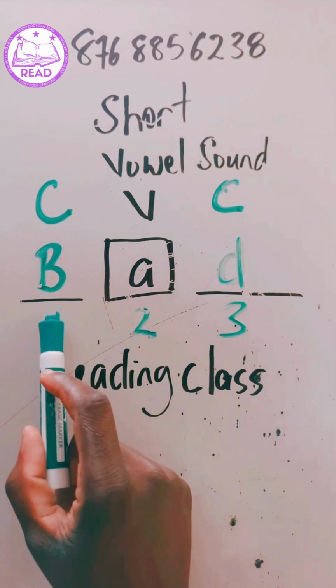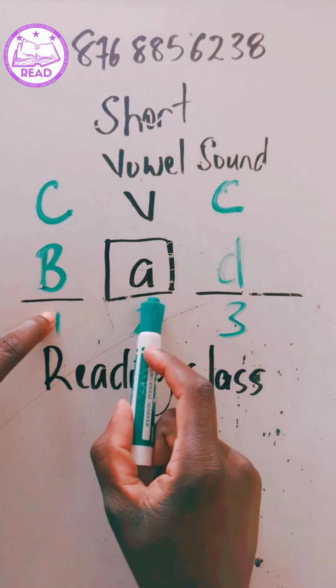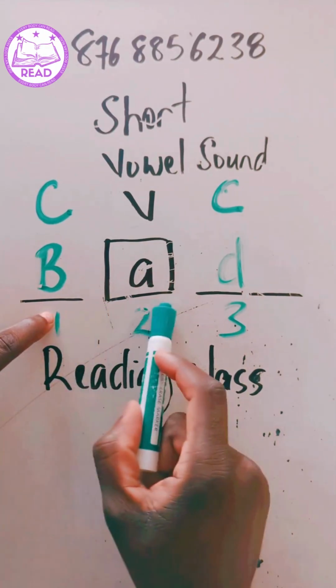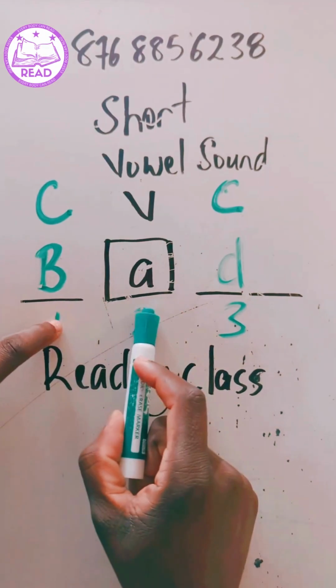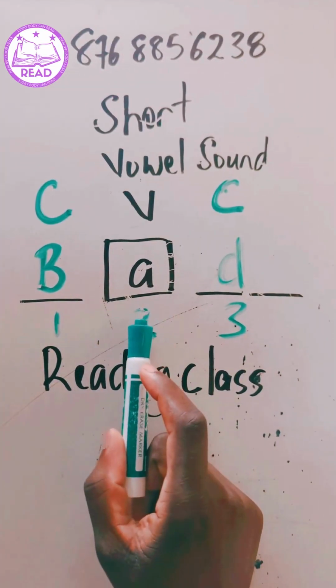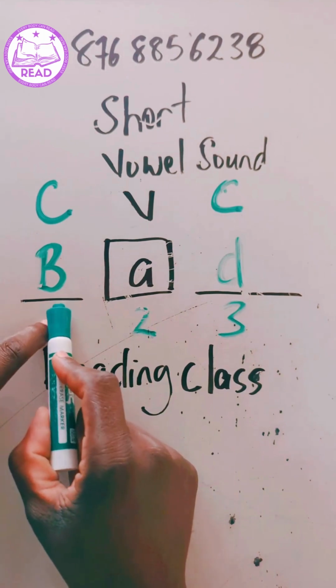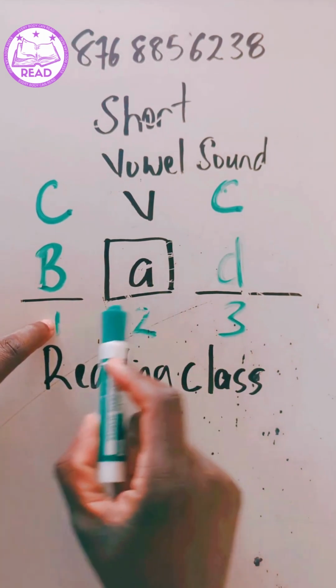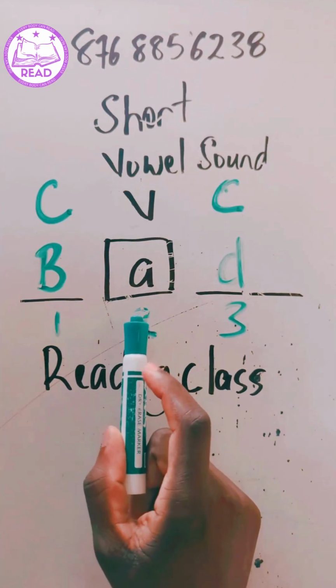Good. Now, let's put these two sounds together. We have B, A. When we put both of them together, we have Ba. B, A. Both of them together, Ba. Who see that? Again. B, A. Ba. Cool.